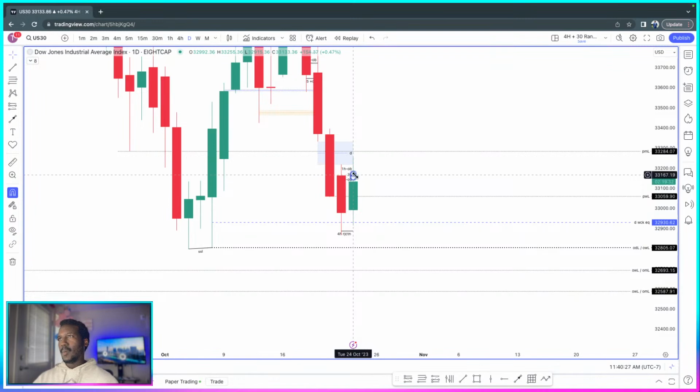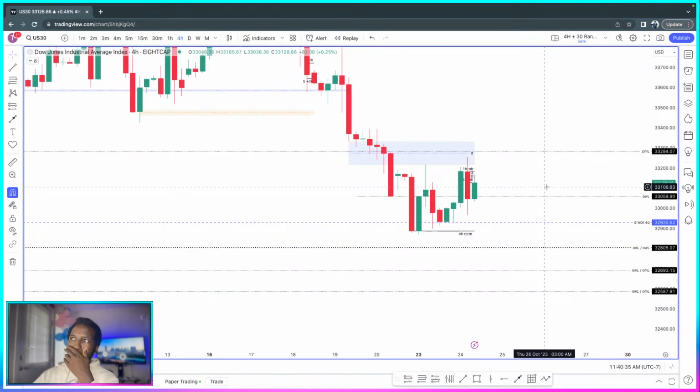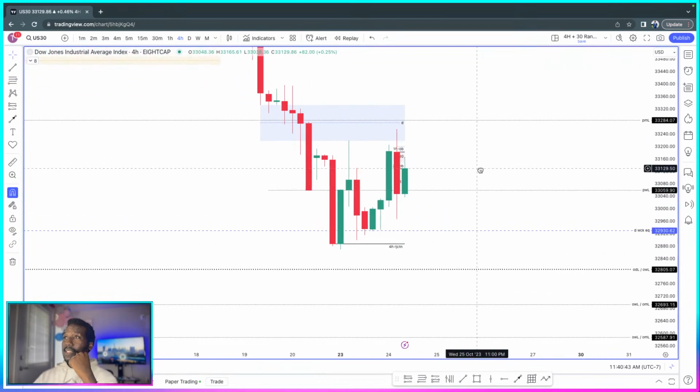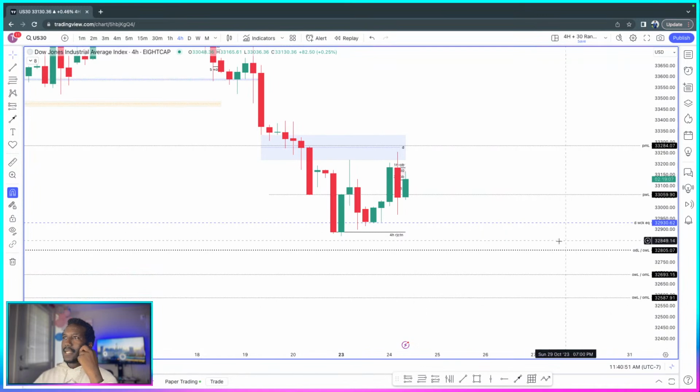So there's this war where the bulls seem to have the upper hand. This one has taken the previous 4-hour low and the previous 4-hour high. So in this case, we either consolidate in here or we gravitate towards the low of this 4-hour or the high of that 4-hour. So which one is likely to happen?